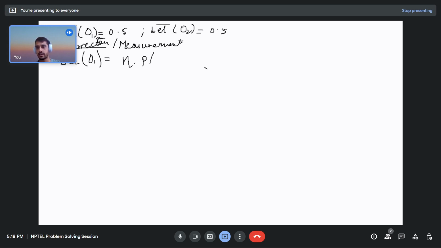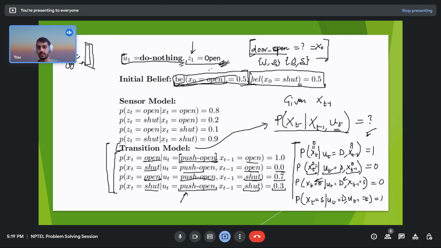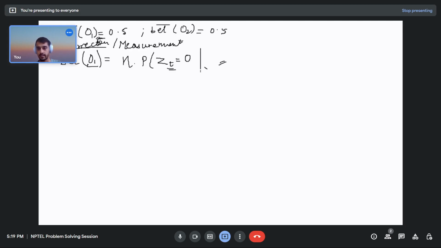From your lectures, you know that since your measurement is open, we take x of t as open, because we are trying to get the updated belief about the open case.